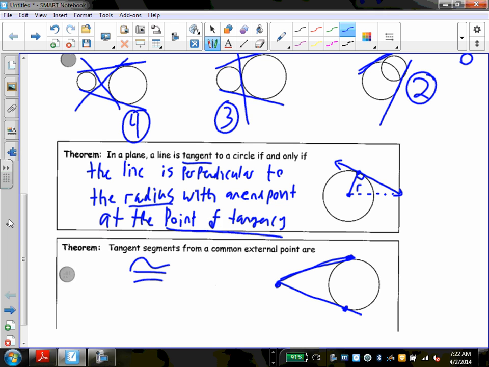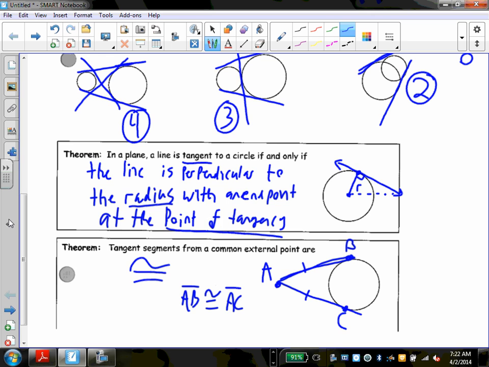If drawn accurately, which I'm doing kind of by hand, these lengths here would end up being the same. And that's what that means. If you like using formulas, let's call this A, this B, and this C. If AB and AC are both tangents, then AB will be congruent to AC.